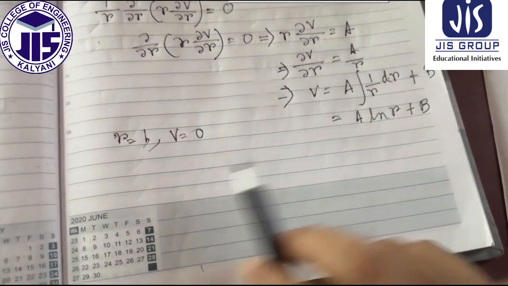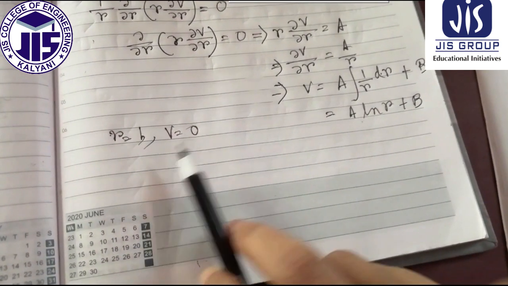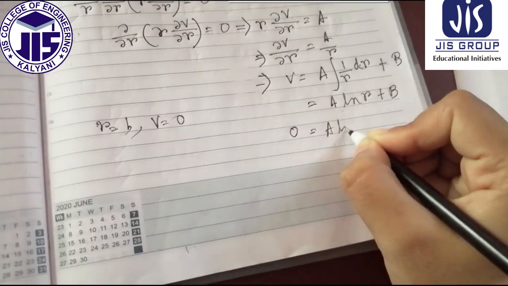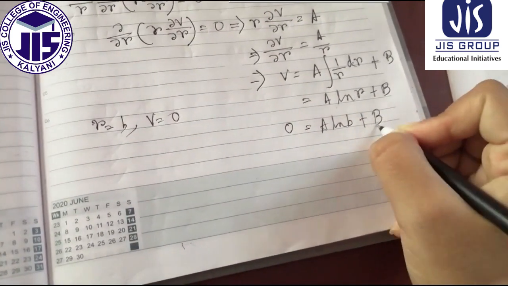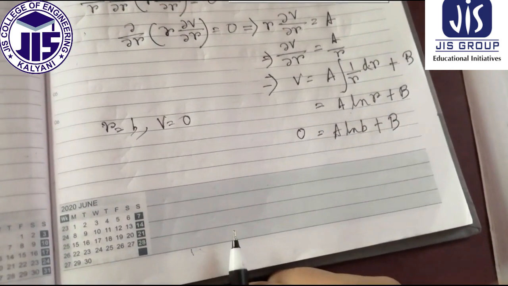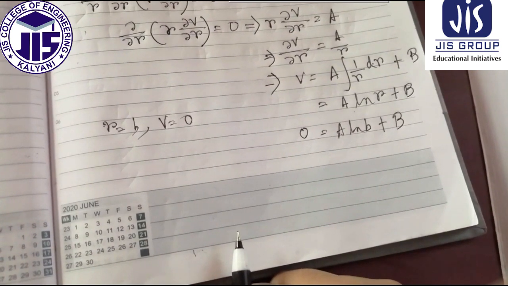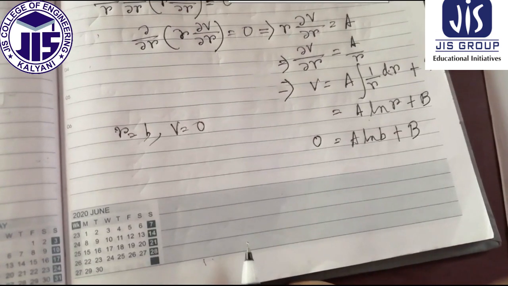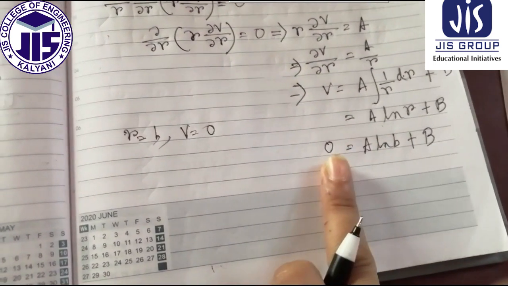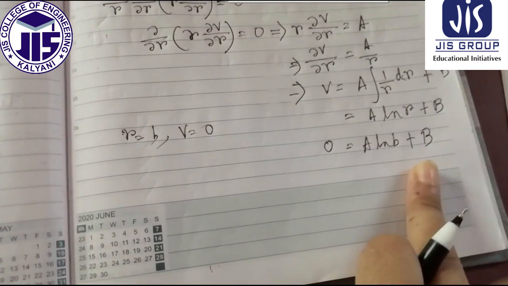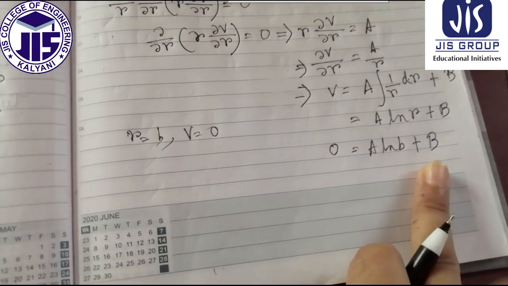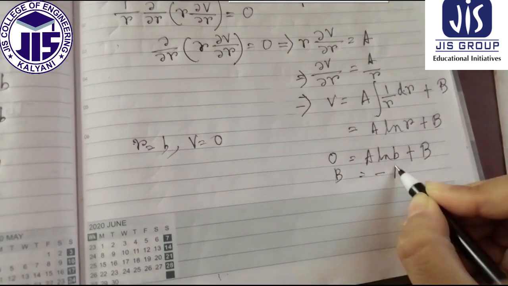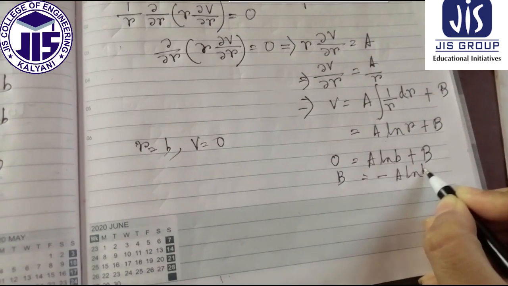So if we put it over here at r equal to b, V equal to 0, 0 equal to a ln b plus capital B. This is the first equation. Therefore capital B equal to nothing but minus a ln b.